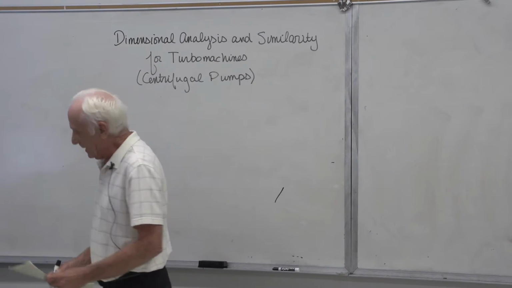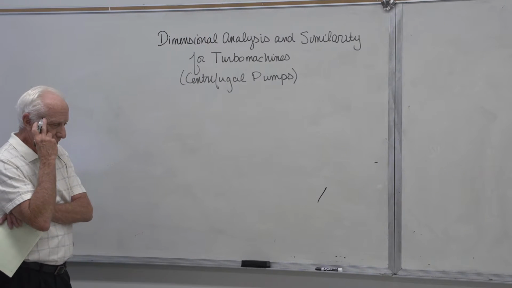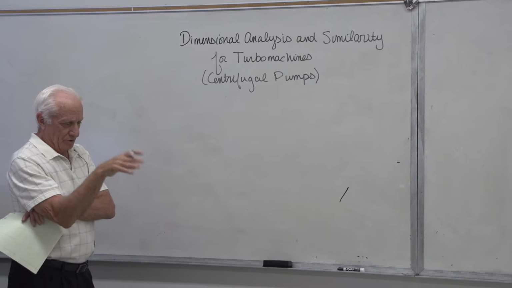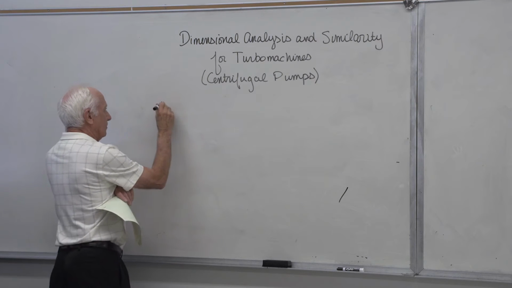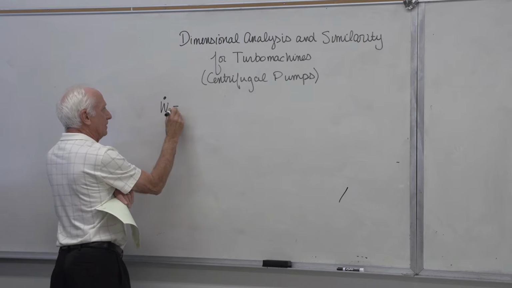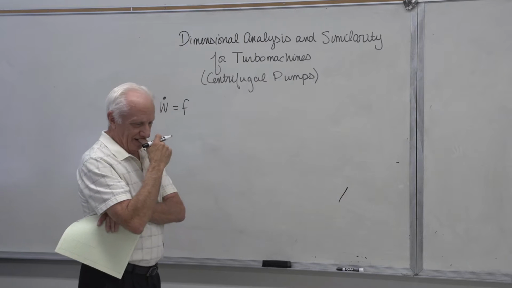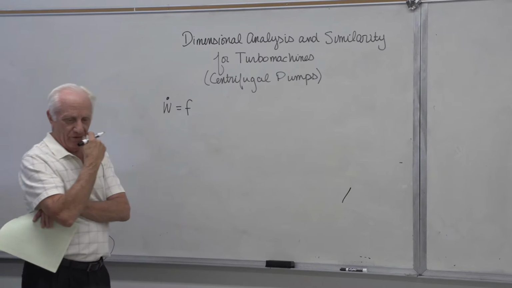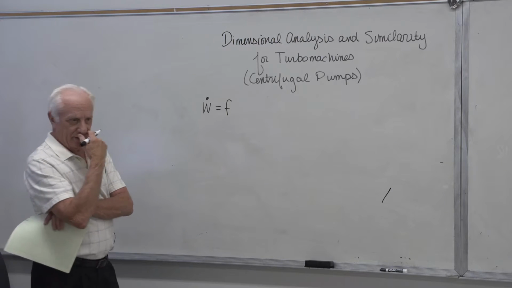We start out and we say, all right, we've got this centrifugal pump pumping fluid, maybe from one reservoir to a second reservoir. And I want to know what the power into the pump is a function of. Well, probably the fluid we're pumping, so my guess might be density and viscosity.